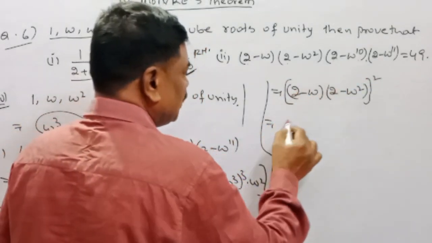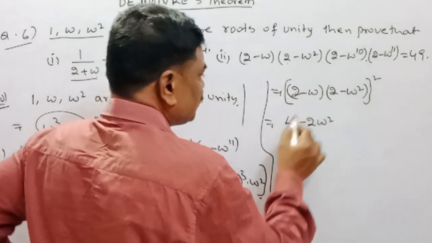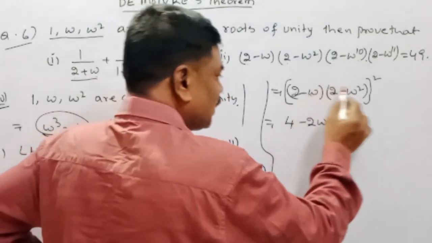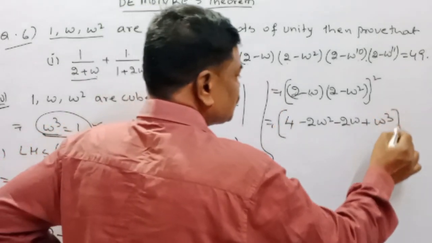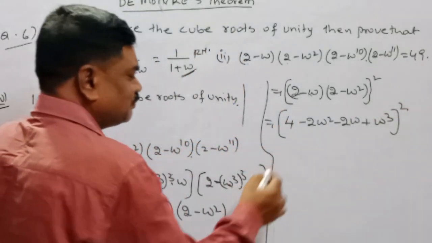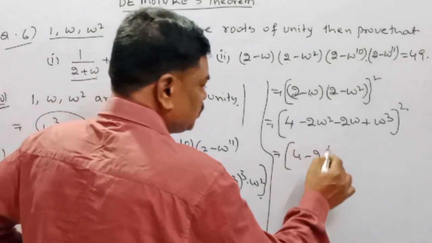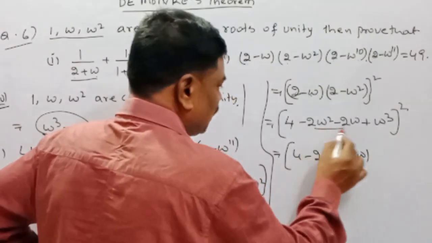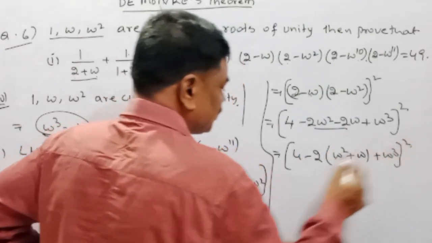So [4 minus 2 omega square minus 2 omega plus omega cube] whole square. Okay, all of you. So this is [4 minus 2 times (omega square plus omega), 2 common, plus omega cube] whole square.